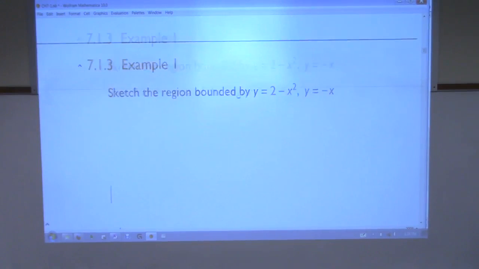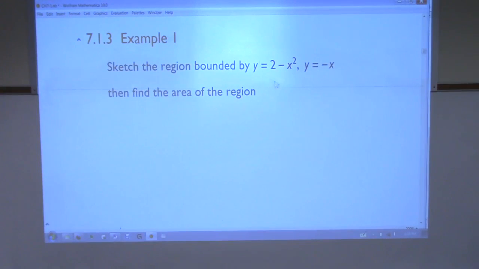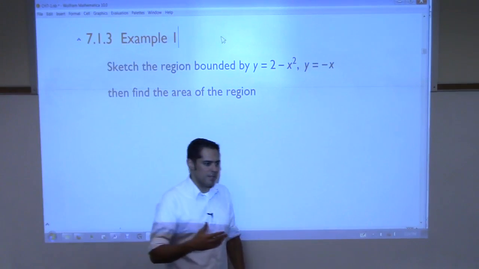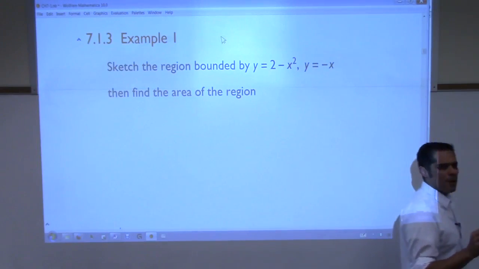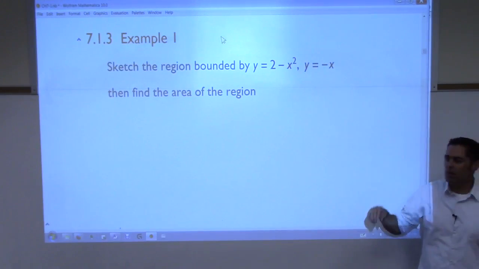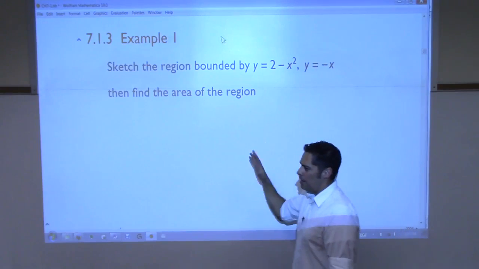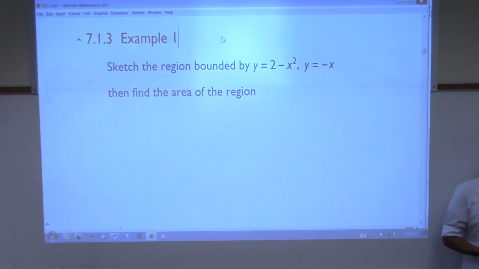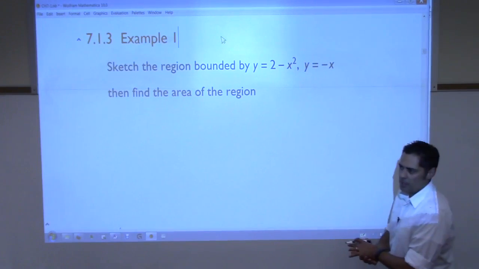Now, you are not going to have the graphs given to you. I'm not going to provide you with the picture on the test or even in the homework. Well, the first couple of problems in the homework, they draw the picture for you. But after the first few problems, you have to be able to graph them yourself. So we need some basic knowledge of functions here in order to be successful.